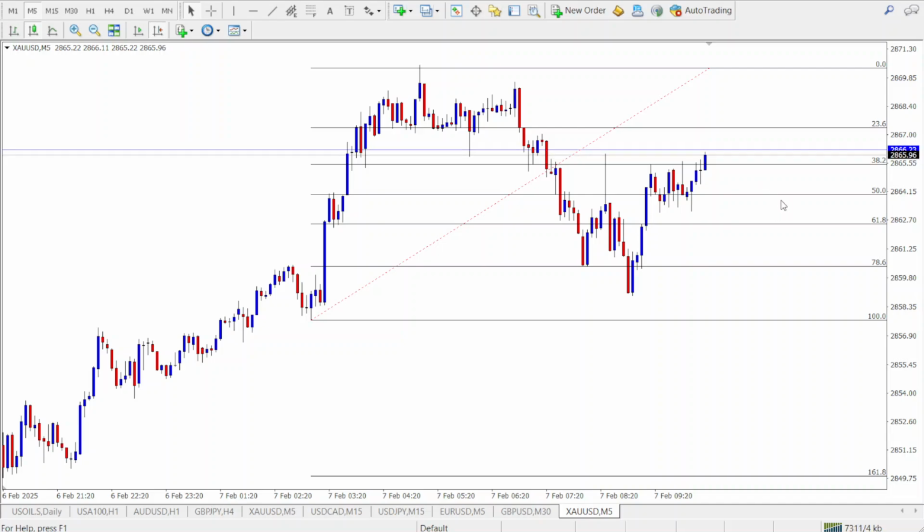Then the 50% level shows a psychological level. It's not officially Fibonacci, but widely used. Then the 61.8% is the golden ratio, one of the strongest levels. Finally, the 78.6% shows deep retracement, the last chance before trend reversal.